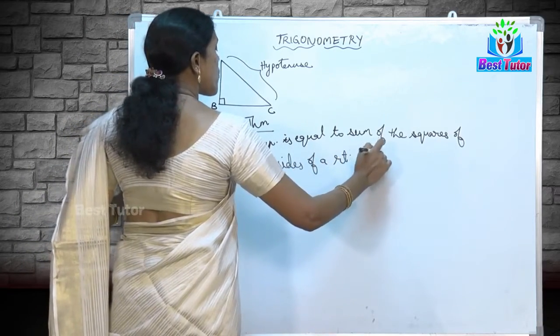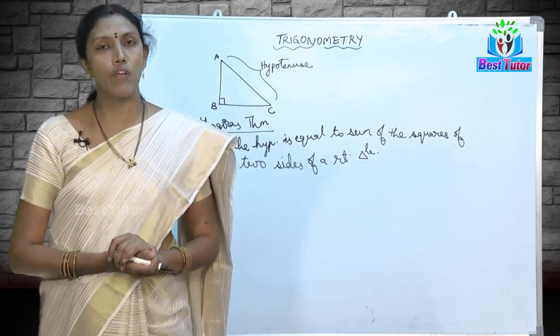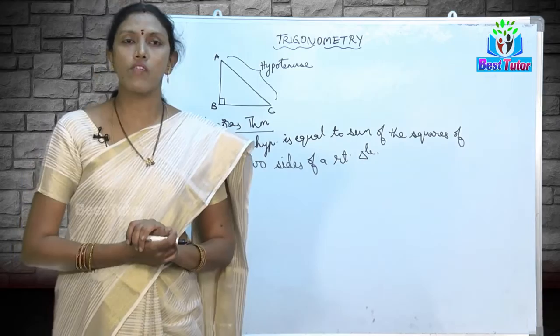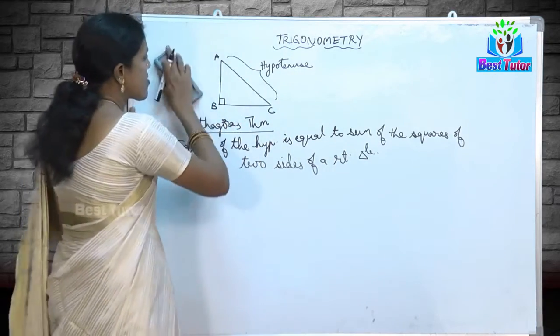This is possible only in the case of a right angled triangle. So in a right angled triangle, the square of the hypotenuse is equal to the sum of the squares of the other two sides. Now, moving on to the basics of trigonometry.